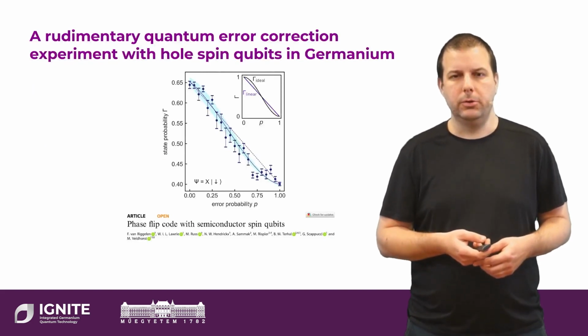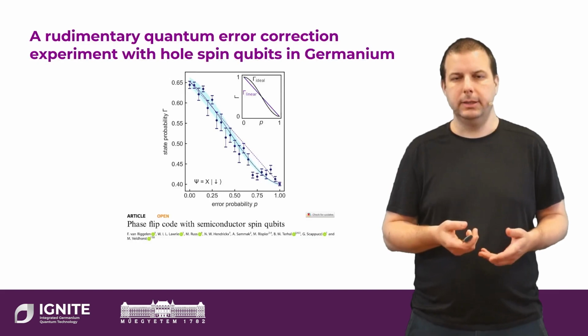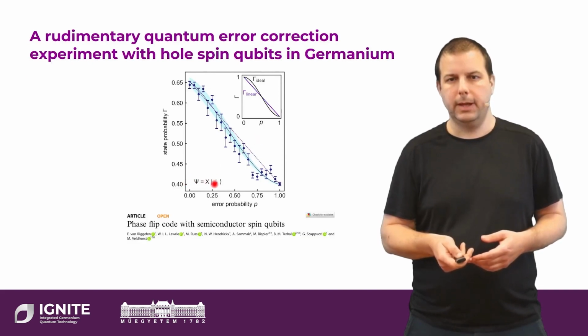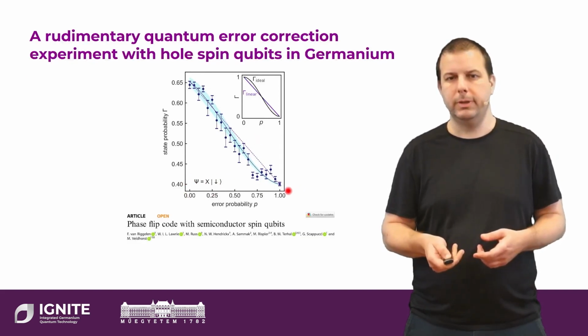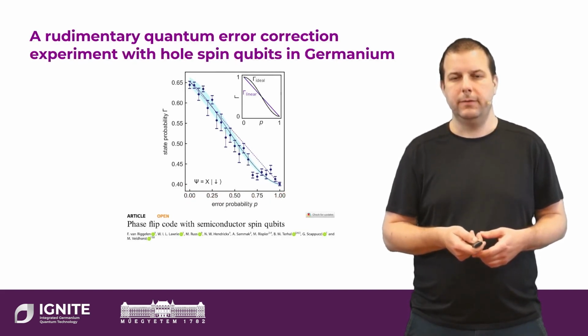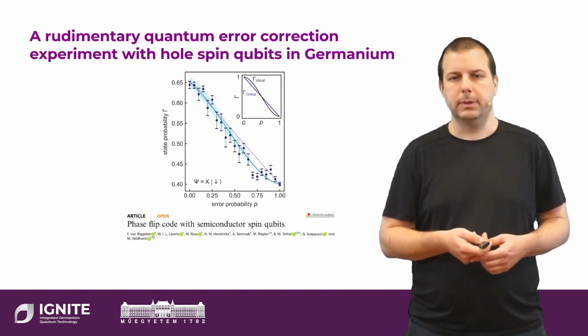Let me show you the experimental data which is coming out from this circuit. Here on the x-axis you have the error probability P. This is the probability of the Z error or the phase flip error, which we have seen in the previous slide. In this experiment, this was a control parameter, so it was tunable by the experimentalists.